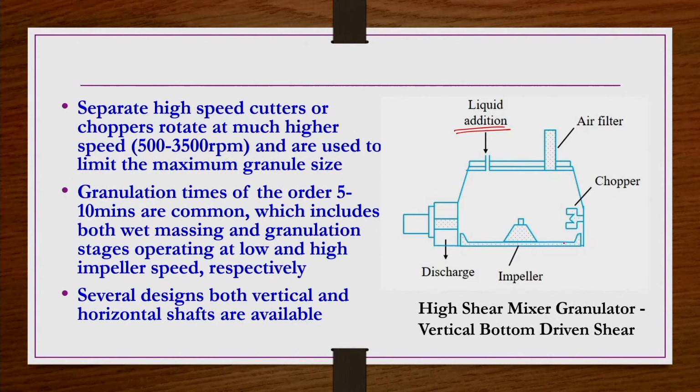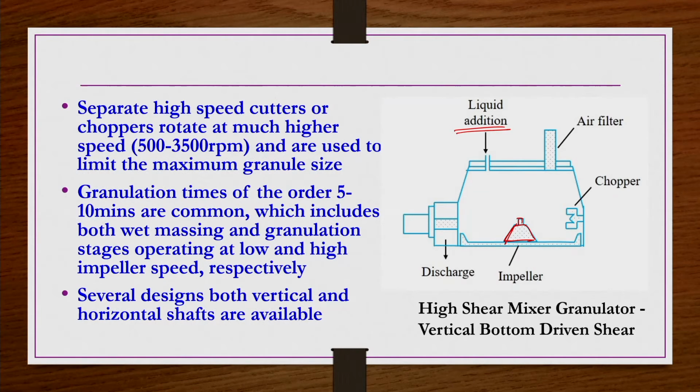A chopper is also there in order to control the size of the granule, and there is a discharge. Here the impeller is at the bottom, and it rotates in a vertical direction. The shearing induced by the rotation is at the bottom.